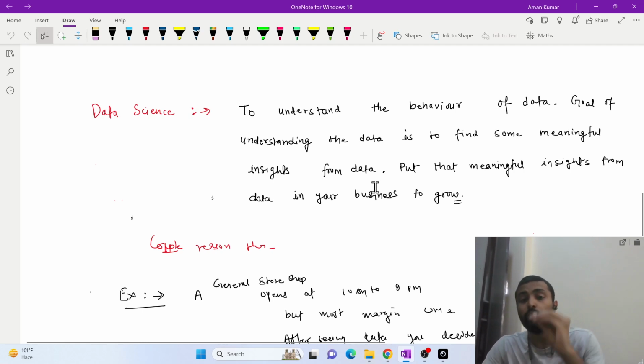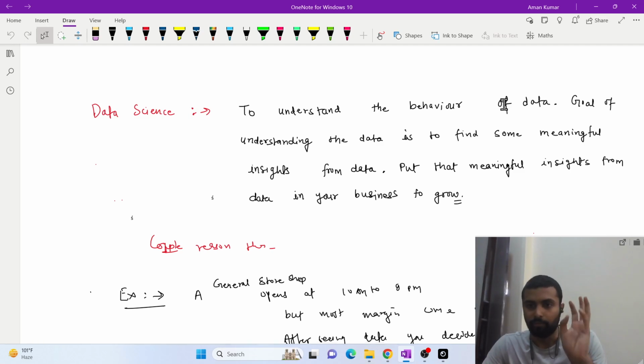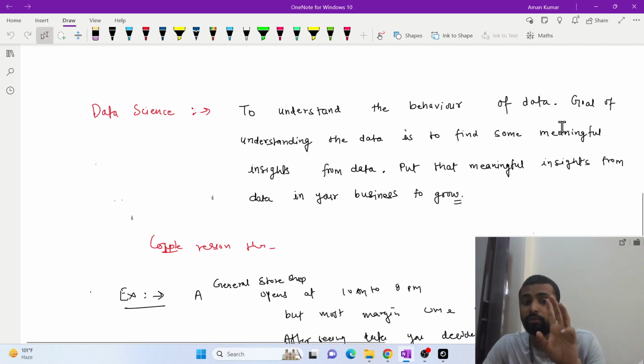Data science means to understand the behavior of data, right? That should be clear to you. And the goal of understanding the data is to find some meaningful insights from data. And put those meaningful insights from that data into your business to grow.